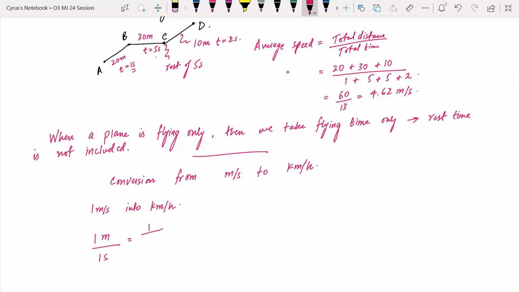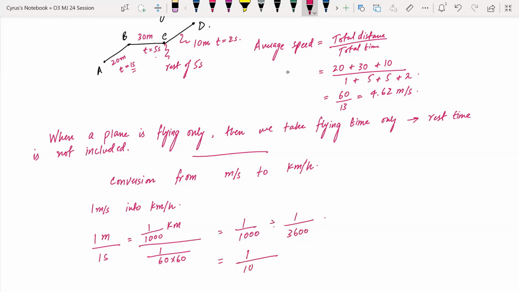तो आप इसको किलोमीटर में करने के लिए 1000 से डिवाइड करेंगे, मतलब 1 मीटर इज 1/1000 किलोमीटर। एंड 1 सेकेंड को आप आवर में करें, 1 आवर में 60 मिनट्स होते हैं और 1 मिनट में 60 सेकेंड होते हैं। सो 60 × 60, मतलब 1 आवर में इतने सेकेंड होते हैं। ठीक है, सो दिस विल बिकम 1/1000 divided by 1/3600.